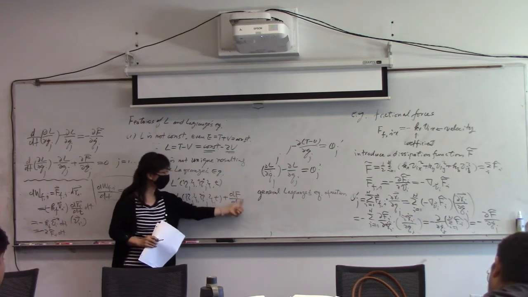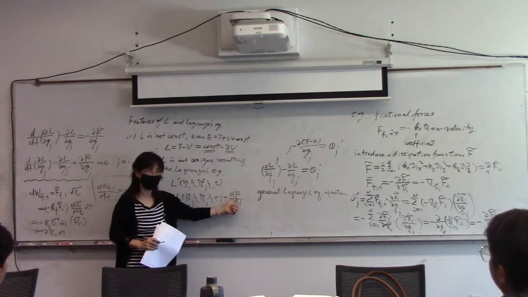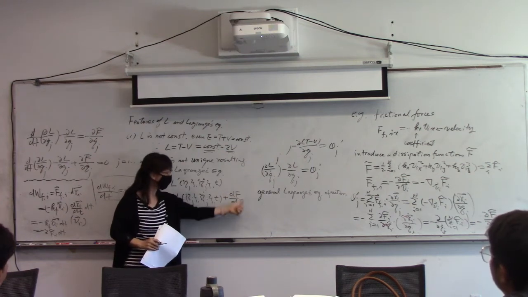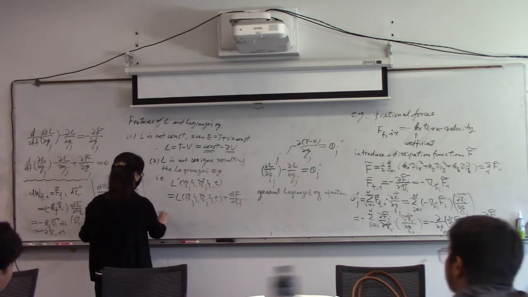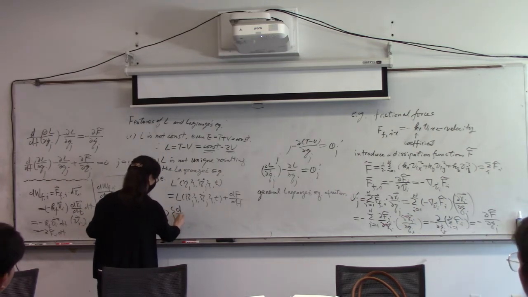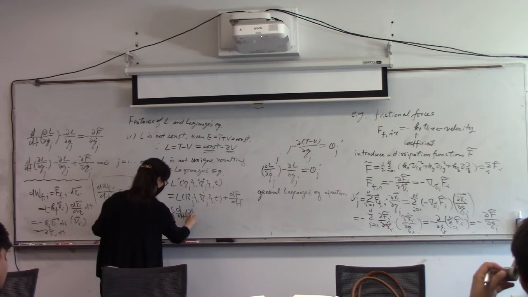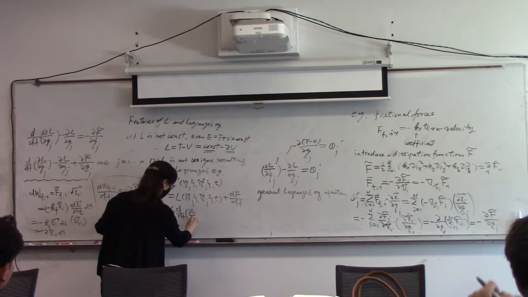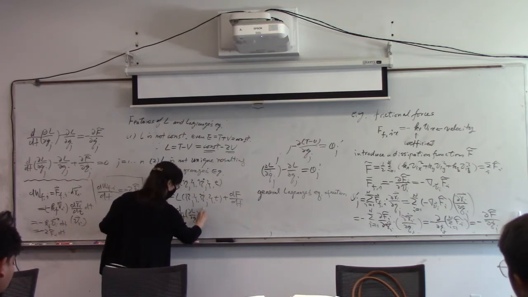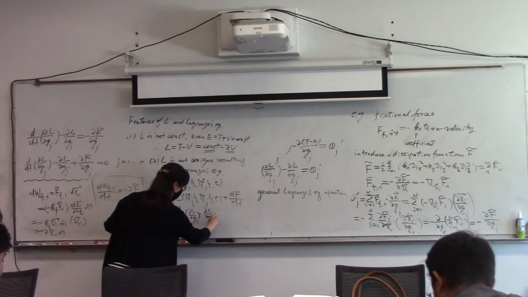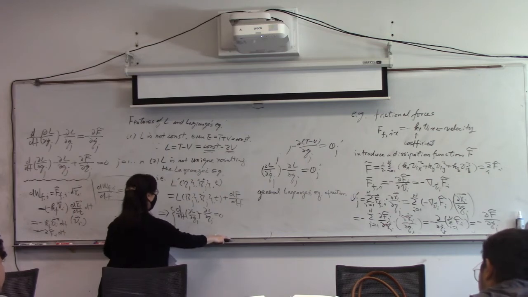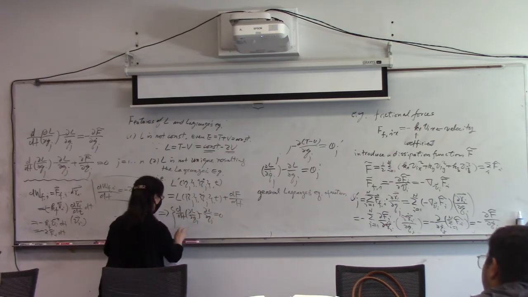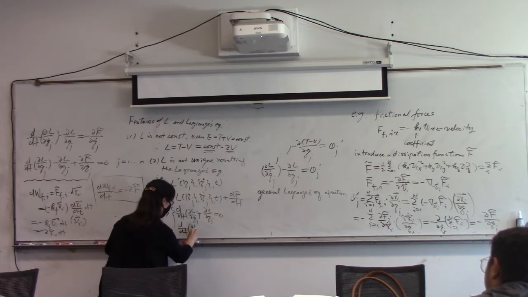If we add any total differential function, I'm going to explain this one, then we have a new Lagrangian. This one means if the Lagrangian satisfies the Lagrange equation, let's just now consider all conserved forces. Then the new Lagrangian L prime also satisfies this.